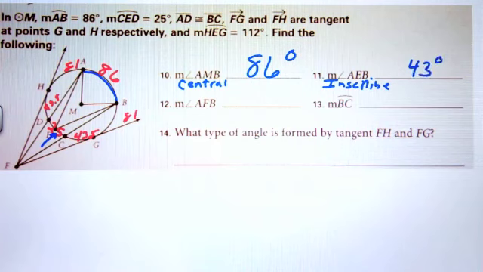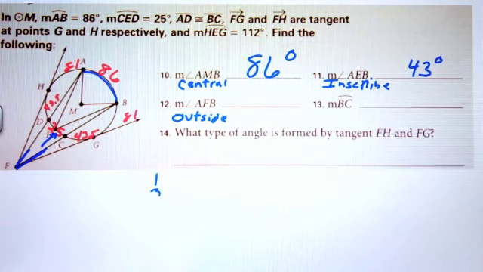And now I have an AFB. AFB right here. Now, this is an angle outside the circle. Anytime the angle is outside the circle, it's half the larger minus the smaller.